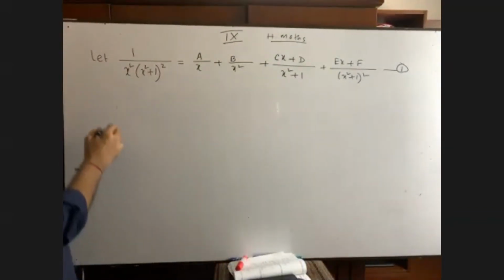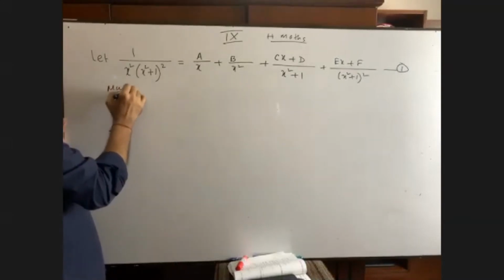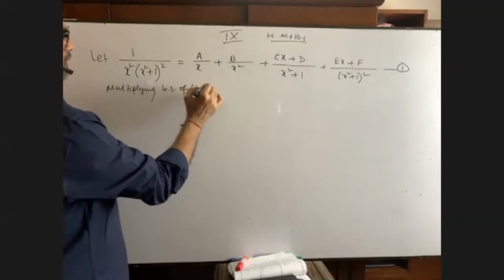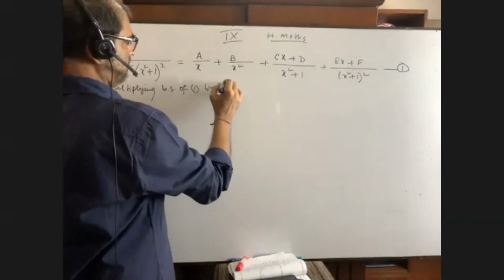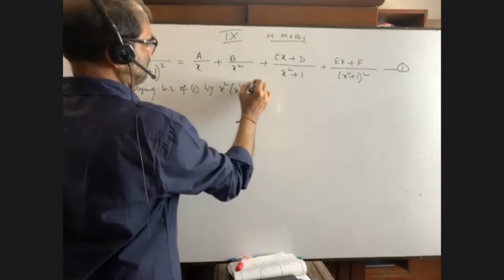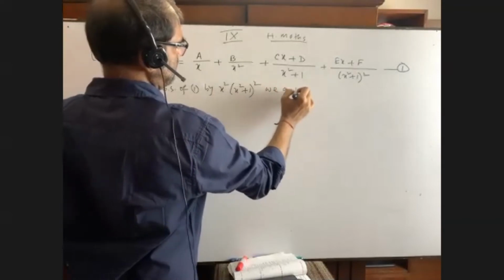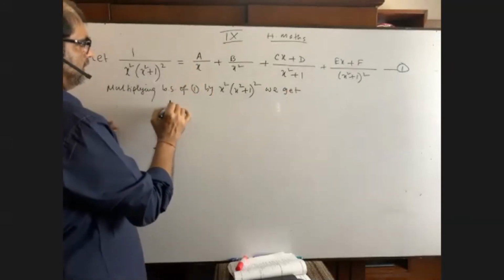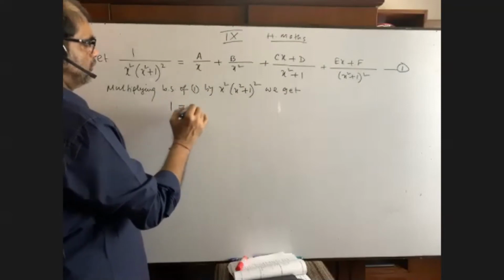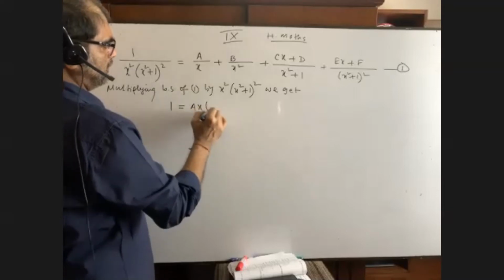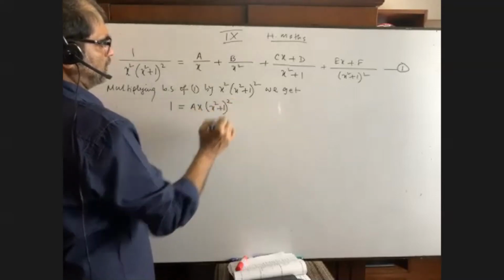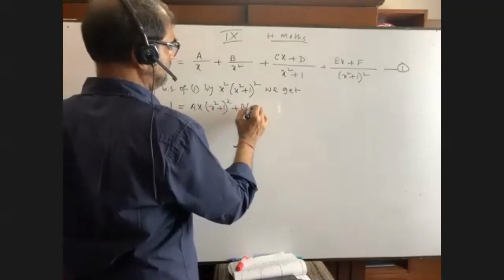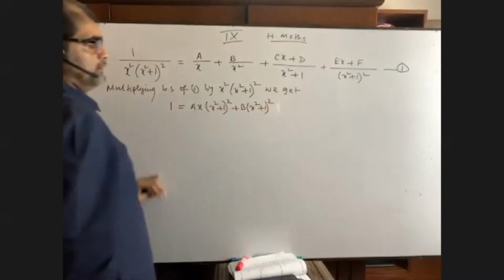Multiplying both sides of 1 by x square plus 1 whole square, we get 1 is equal to ax into x square plus 1 whole square, then b into x square plus 1 whole square.